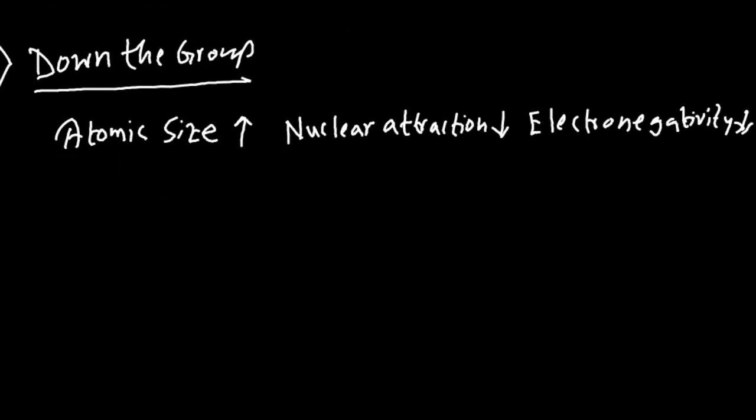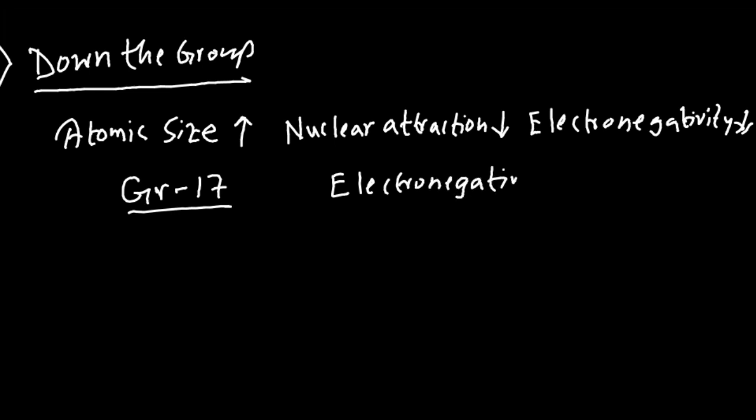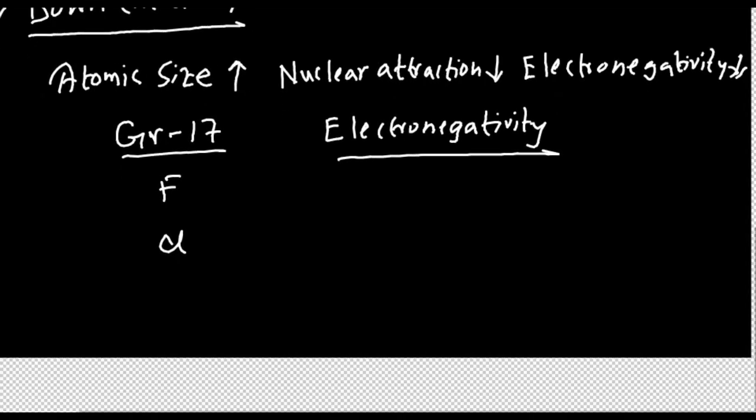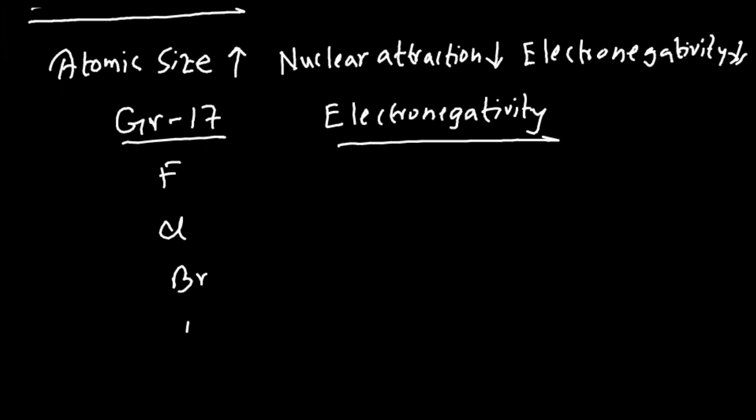Okay. So if I take, suppose, group 17 elements, that is the halogen elements, and if I talk about their electronegativities: fluorine, chlorine, bromine, iodine, and astatine.